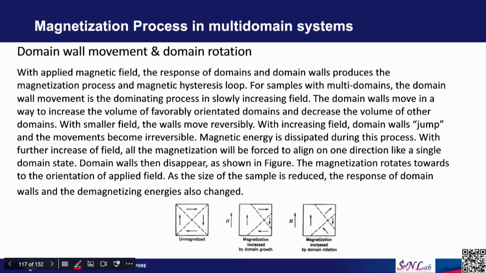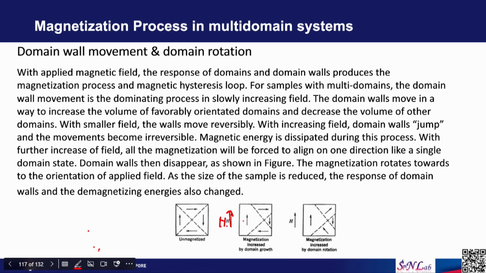You do not need to read through the text. Let us say you have a system with many domains, and now you apply a magnetic field along this direction. The region where the magnetization is pointing in the same direction as the magnetic field expands. You can see that this region has expanded.